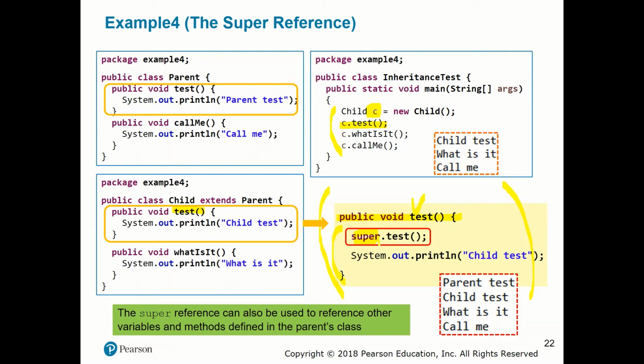This means that super is my parent. So the parent test method is called here and executed here. So parent test is printed out like this, and then child test is printed out like this. So the super reference can also be used to reference other variables and methods defined in the parent class.